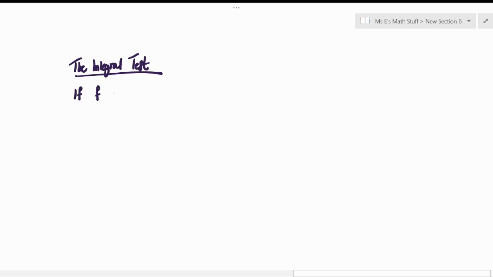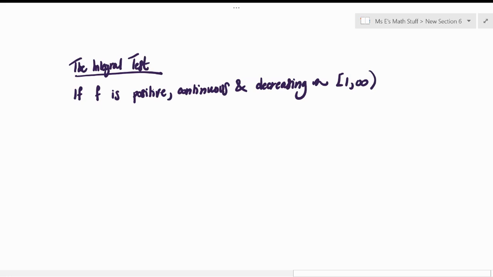If your function f is positive, continuous, and decreasing on the interval of interest. For these problems, the interval of interest would be from 1 to infinity.